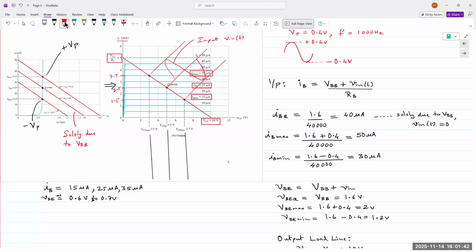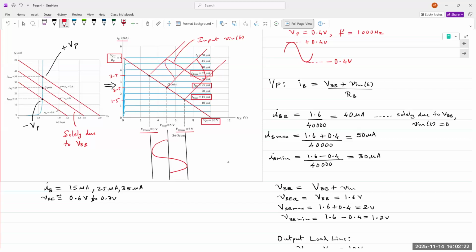My output VCE is going to look like this. So for maximum current IB, I have the minimum value for VCE. For minimum value of IB, 15 microamps, I have maximum output VCE, 7. And hence, my output is an inverted amplified version of the input.